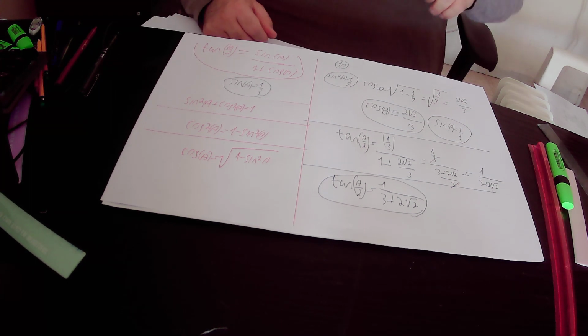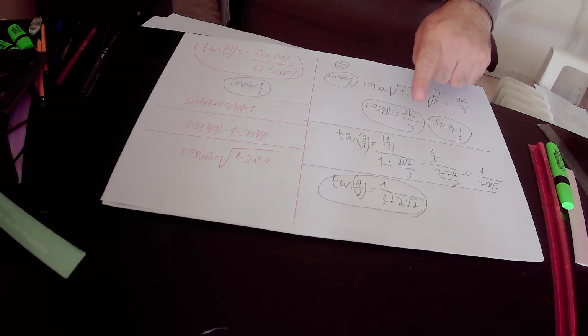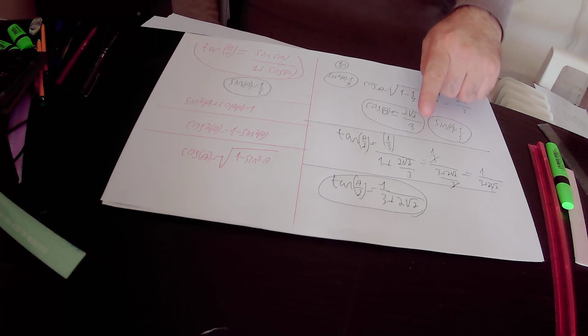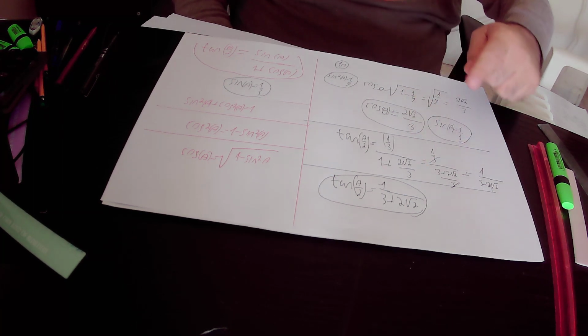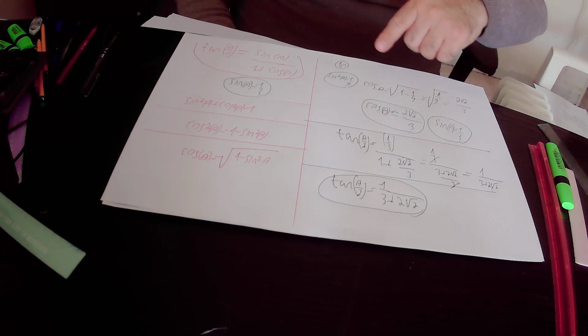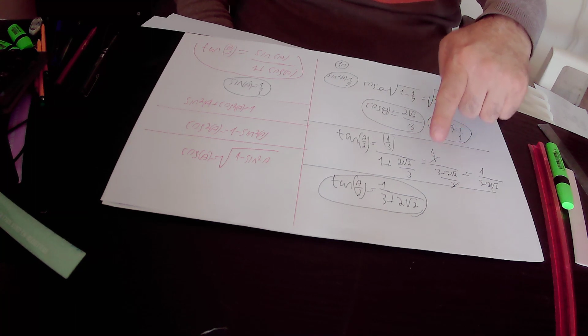So the value of tangent theta over 2 according to this identity will be equal to sine theta, that is 1 over 3, over 1 plus cosine theta, that is 2 times square root of 2 over 3. Here we have 3 in the numerator and 3 in the denominator.